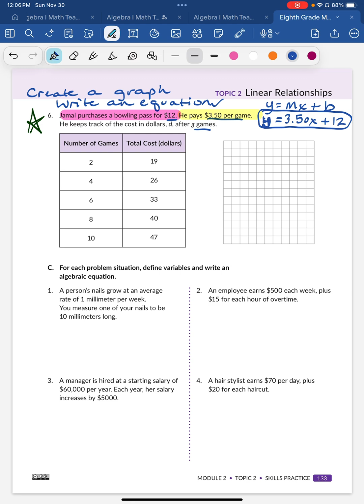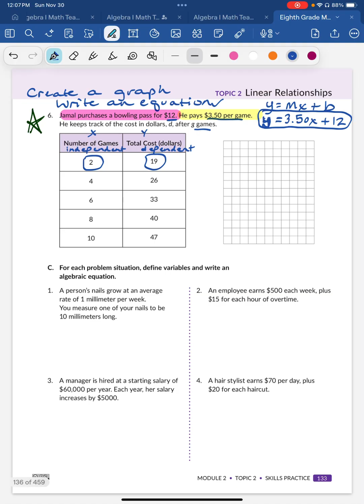Okay, so now he played 2 games and spent $19. So now all we have to do is say our x and our y are our independent and dependent variables, and then let's make our graph.